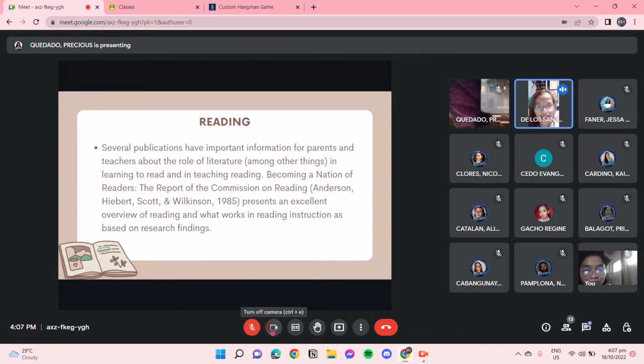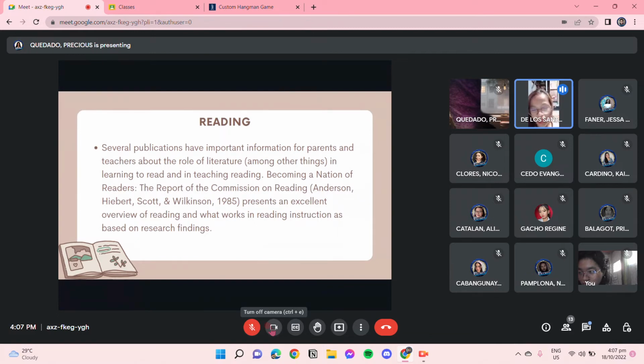Several publications have important information for parents and teachers about the role of literature, among other things, in learning to read and in teaching reading. In Becoming a Nation of Readers, the report of the Commission on Reading by Anderson, Hiebert, Scott, and Wilkinson in 1985, they present an excellent overview of reading and what works in reading instruction as based on research findings.